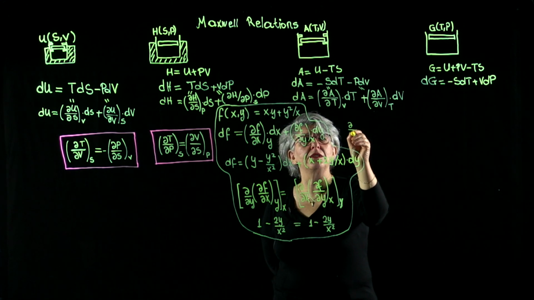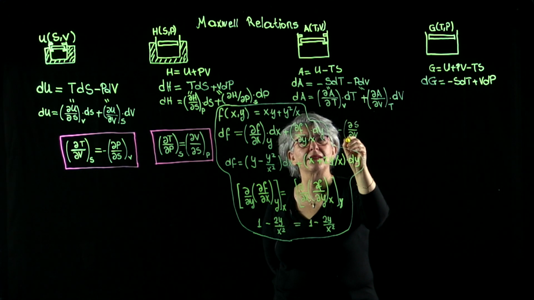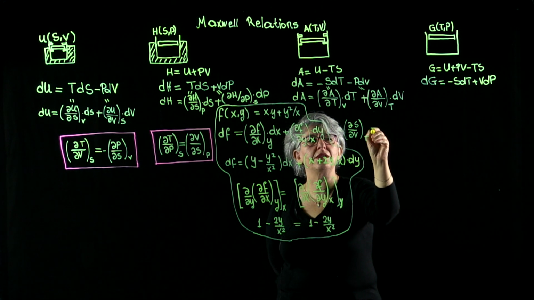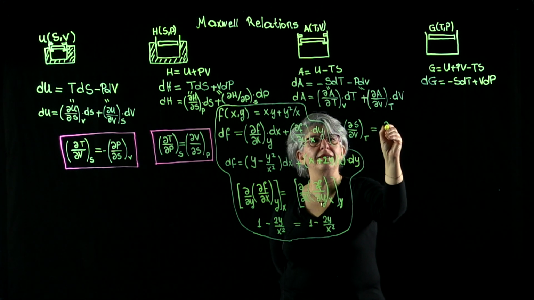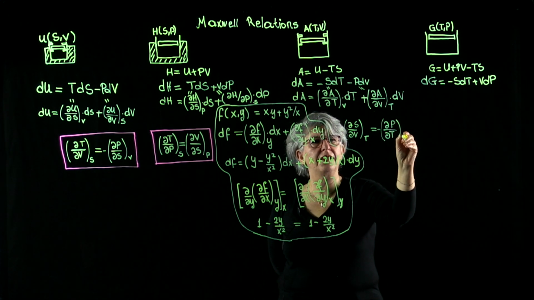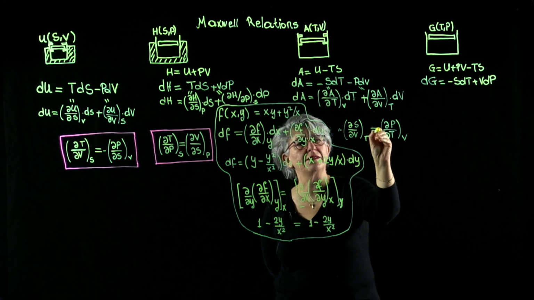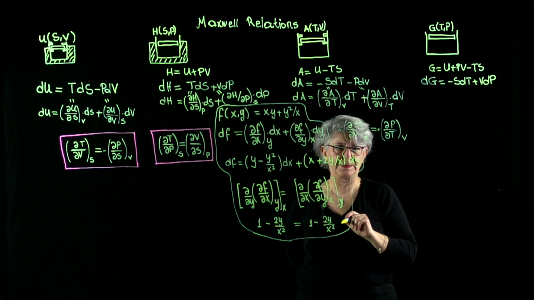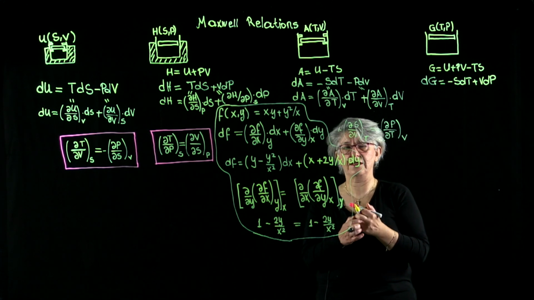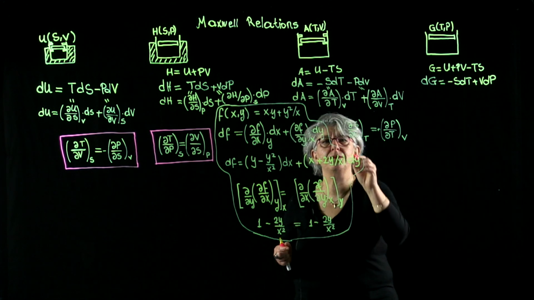Del over del V times minus S, keeping T constant, should be equal to del over del T of minus P, keeping V constant, and those minuses cancel one another and they become plus. This is my third set of Maxwell relationship.